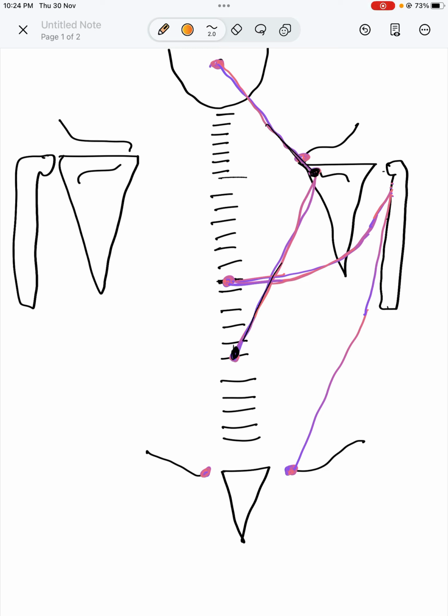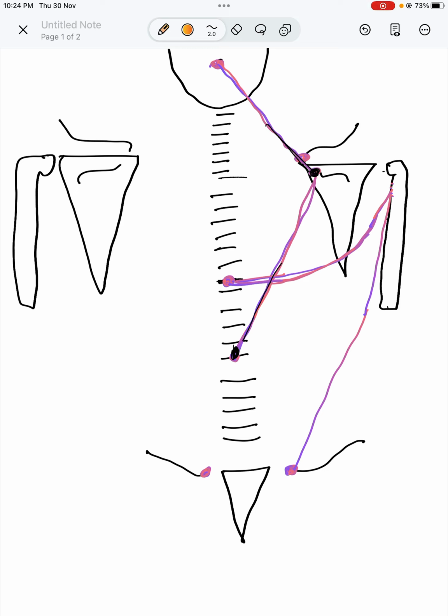Okay, so we will do the rhomboid major now. The rhomboid major origin is from the spinous processes of your T1 to T4, right? It is from your T1 till your 1, 2, 3, 4, T4. It arises from the spinous processes of the upper four thoracic vertebrae. So it's arising from over here like this.